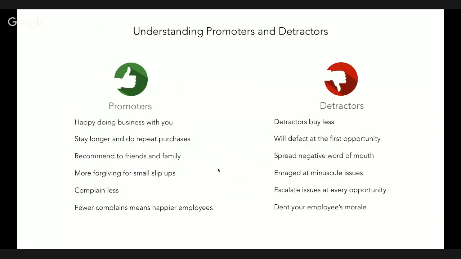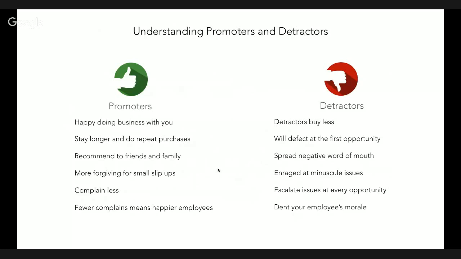On the other hand, promoters recommend your business to their friends and family and colleagues, while the detractors really spread negative word of mouth. And since promoters are so loyal, they are also going to be more forgiving for small slip-ups that might happen at your end.